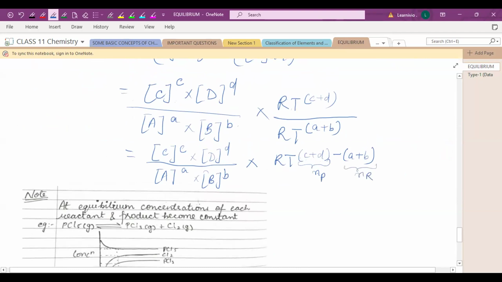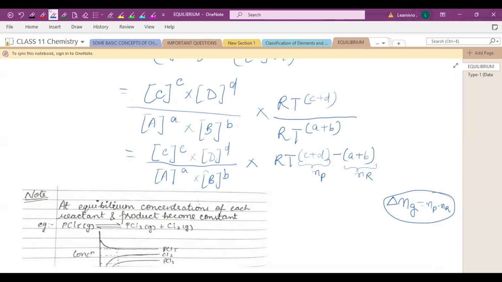So number of moles of product minus number of moles of reactant, can we write this as delta Ng, the change in the number of moles of gases, because we are just talking about the gases? So can we write delta Ng is equal to Np minus Nr? Okay, so the change in the number of moles of gases is the number of moles of product minus number of moles of reactant.